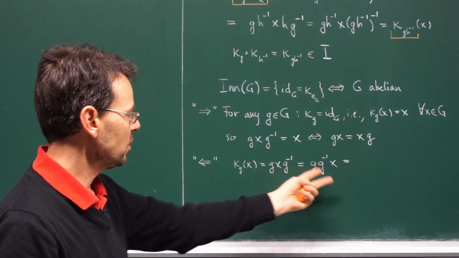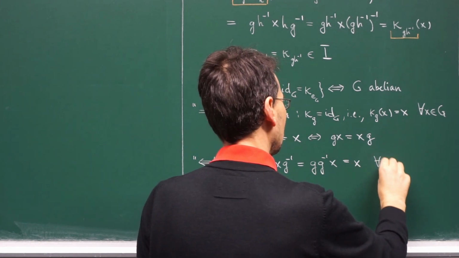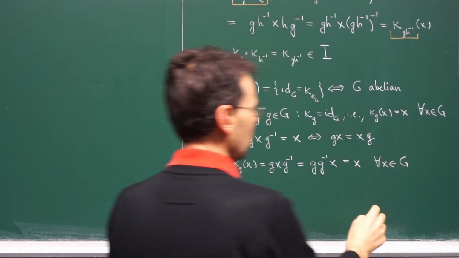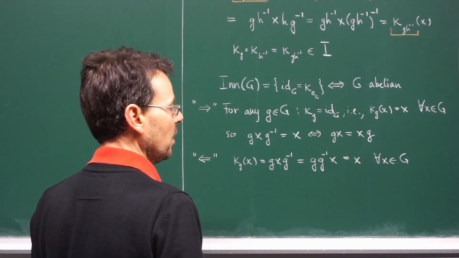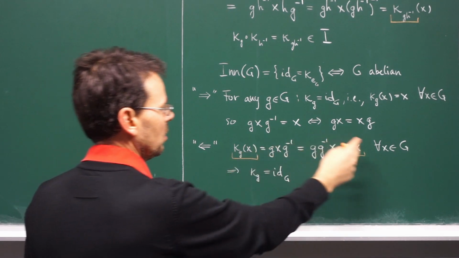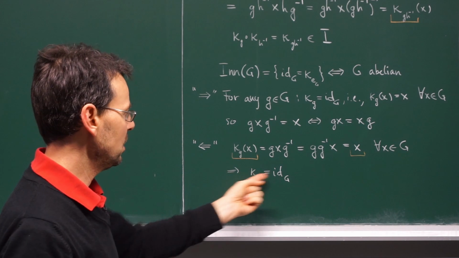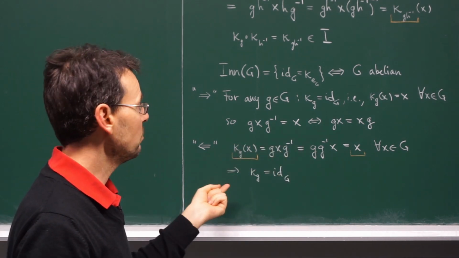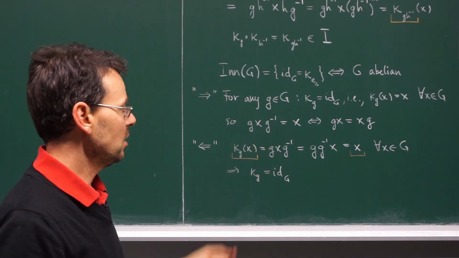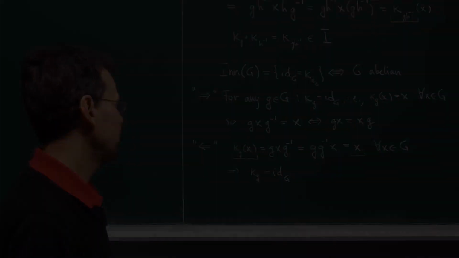So I switch those two, and then we end up with x. And this clearly is true for all x in G. That means kappa sub g leaves every x alone, does not move it at all, so kappa sub g is the identity, and this clearly is true for any g in G, showing that the inner automorphism group is trivial.